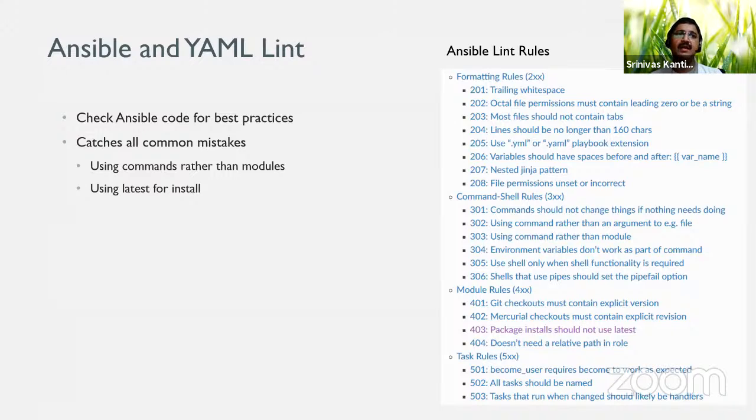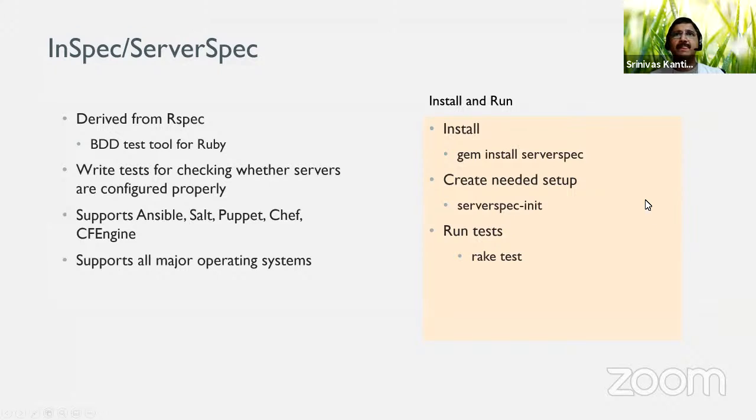Maybe you have a scenario where you want to test on the latest, but most of the time it's a specific configuration that I will test on. So that's on linting. It's always good to lint your code.